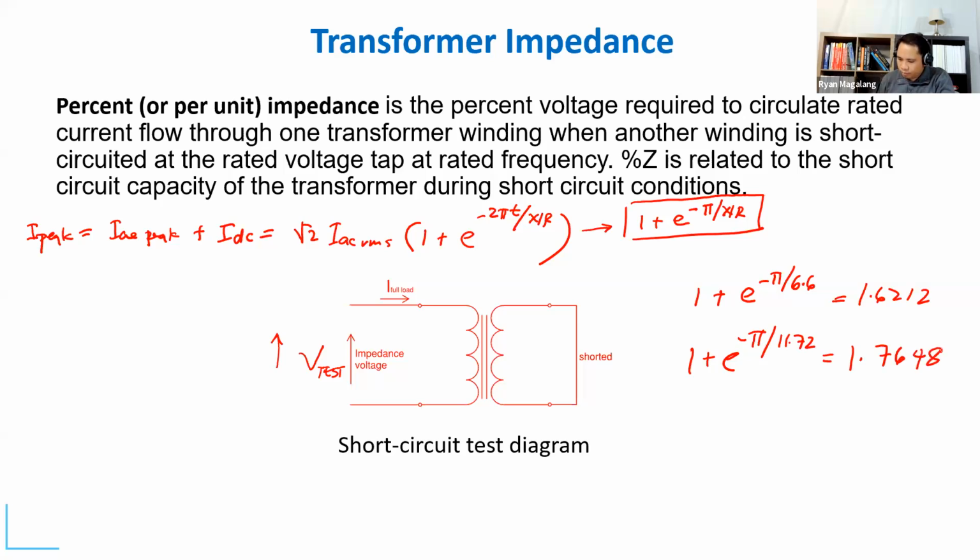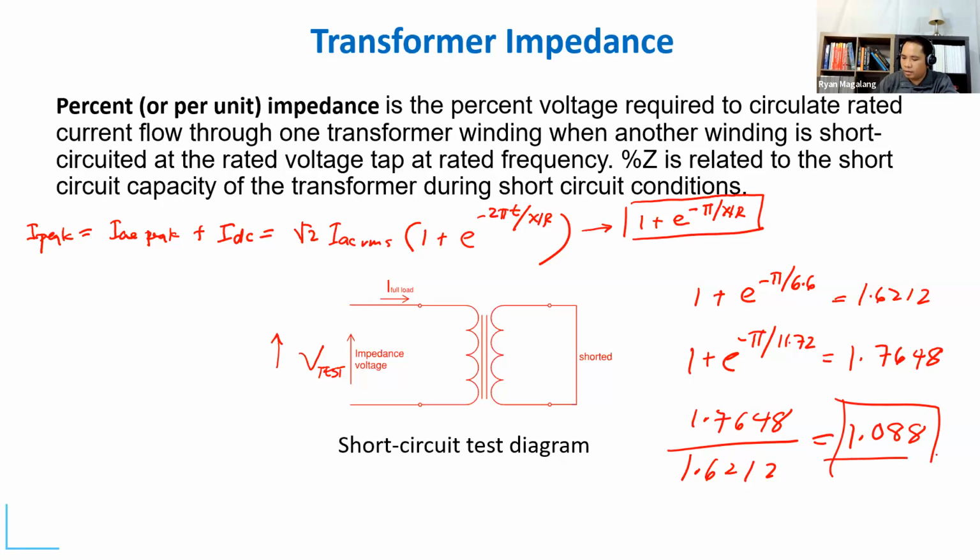1.7648. So as expected, the higher the XR, the higher the total fault current, right? So if we divide 1.7648 by 1.6212, you have 1.088.